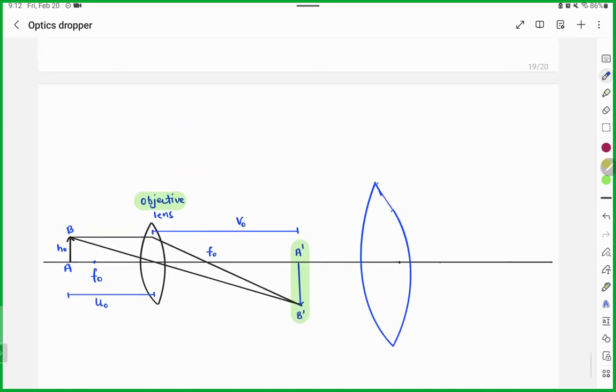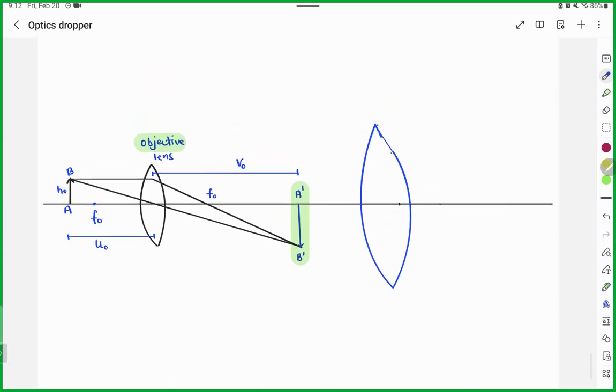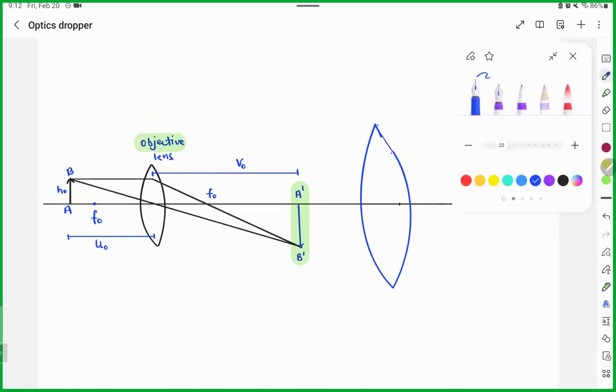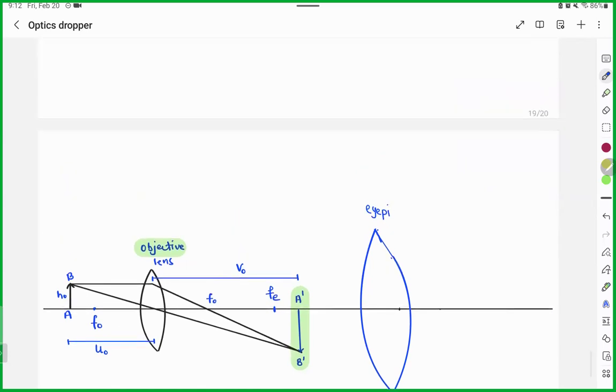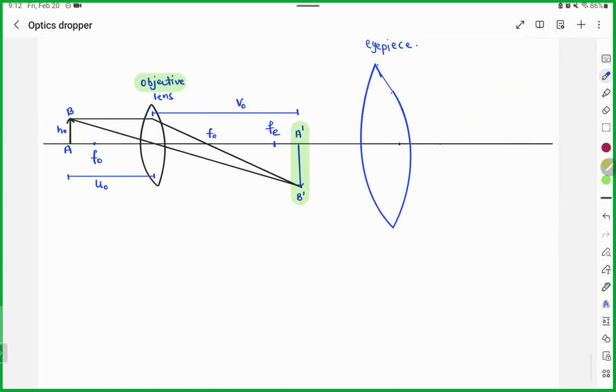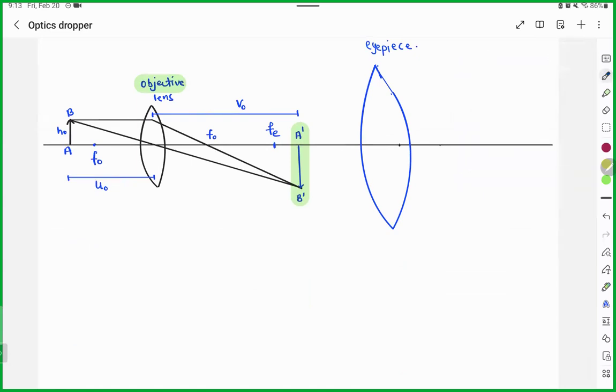So this diagram is easy, but remember now you want to make the same inverted image, on the same side, and a larger picture. So what will happen? Now it should be placed between the focal length of the eyepiece and the eyepiece. So if you form the image like this, then it will go back.